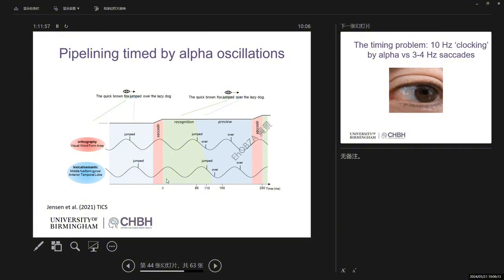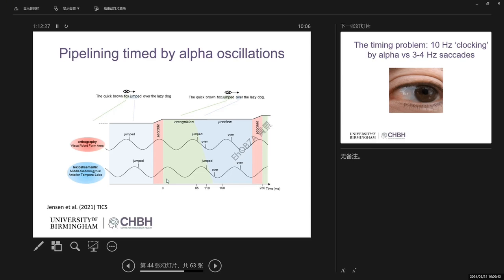That's also why I think it's so important to study these more ecologically valid paradigms, in this case with saccades, because it really forces us to rethink what mechanisms are important or not. I myself have been working a lot on the alpha oscillations and how they are modulated by attention, but maybe some of this work is not super relevant because it's on too slow timescales to actually impact what the brain is doing in real-life situations.